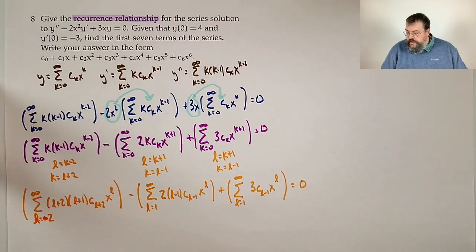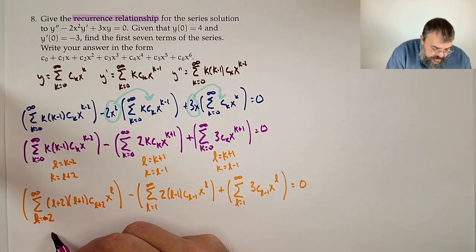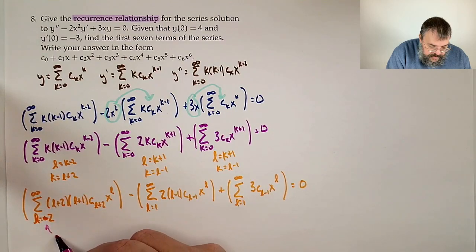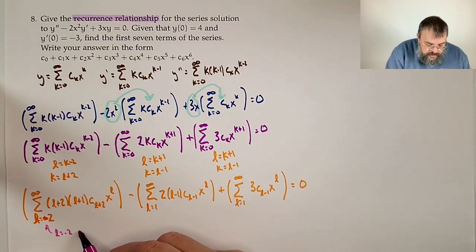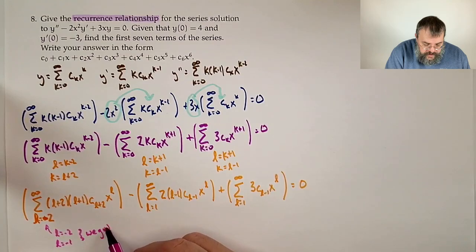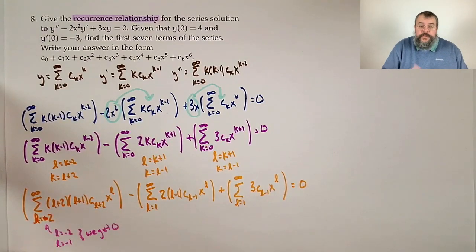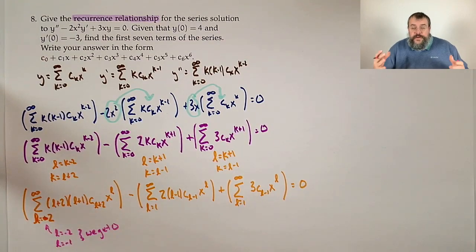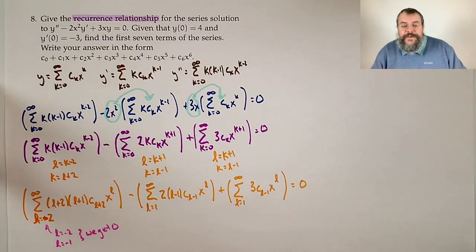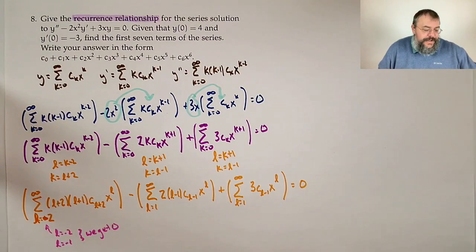Now, a little bit of good news will happen on the first sum. Notice that at L equals negative 2 and at L equals negative 1, we get 0. Right? Because you have negative 2 plus 2, 0. Negative 1 plus 1, 0. Which means just knock them out. We don't even need to consider them anymore. All right.